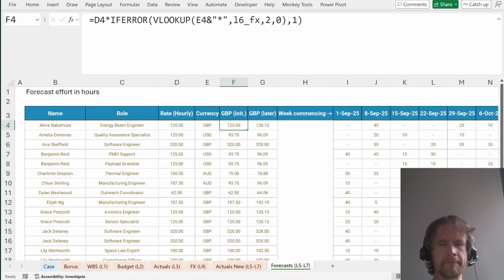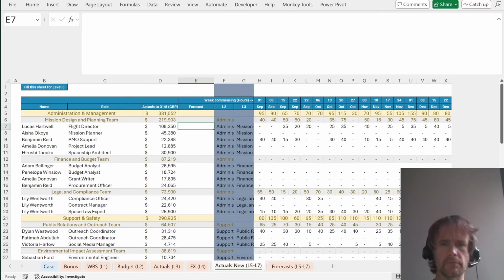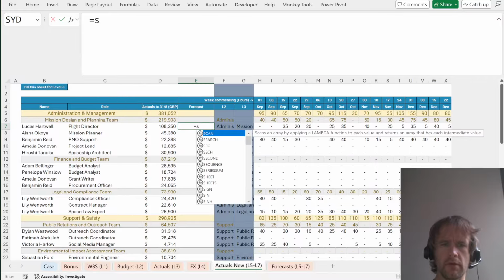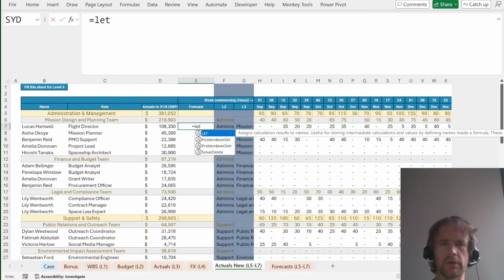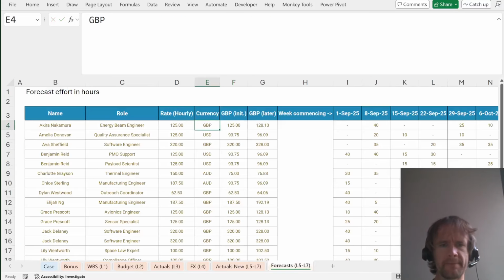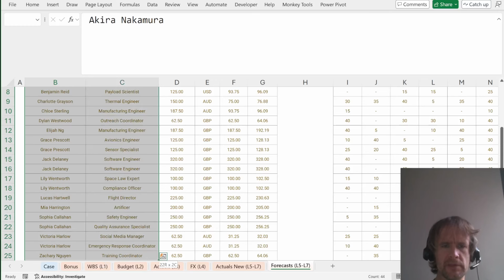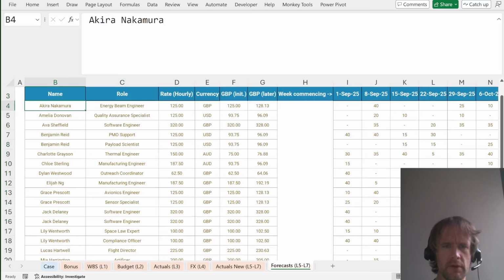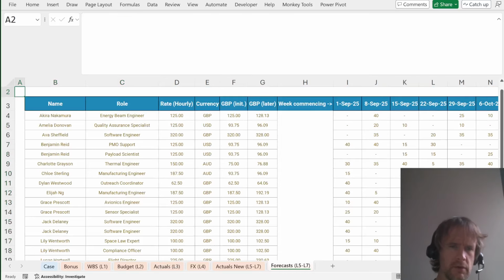Happy days. So then it's going to be, trying to think easiest way to do this. I could do a combined key, or I could do a, yeah, let's do a combined key.